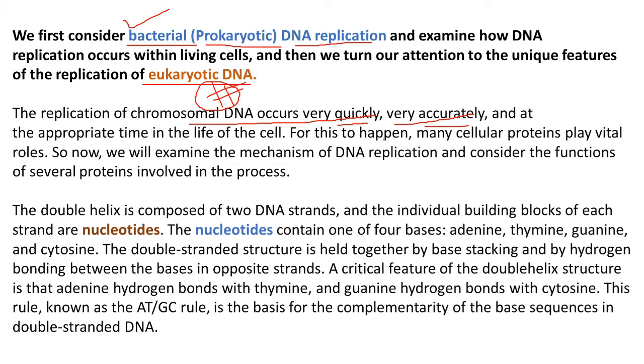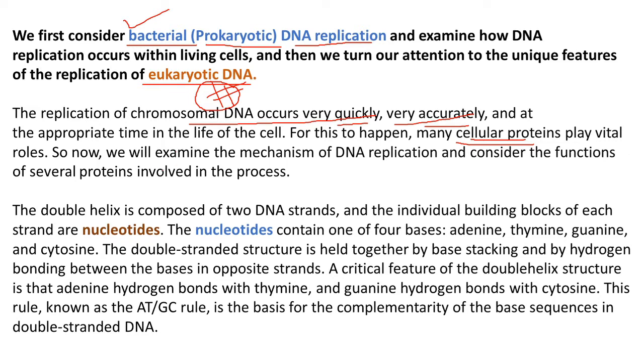For this to happen, many cellular proteins play vital roles. So what are cellular proteins? The proteins which are present within a cell, we call them cellular proteins. So now we will examine the mechanism of DNA replication and consider the functions of several proteins involved in this process.